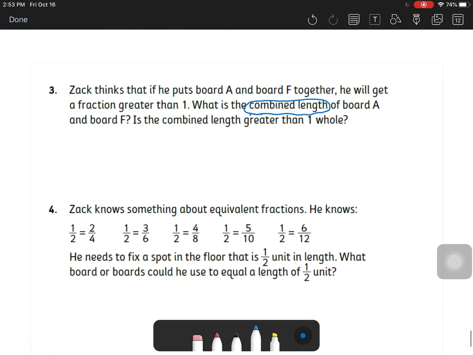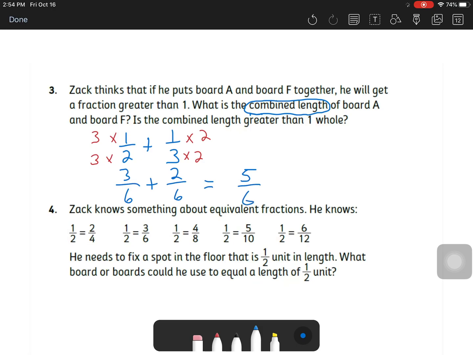To do this, I'm going to get a common denominator of 6 if I multiply by 3/3 and by 2/2. Then I will have 3/6 plus 2/6, which equals 5/6.